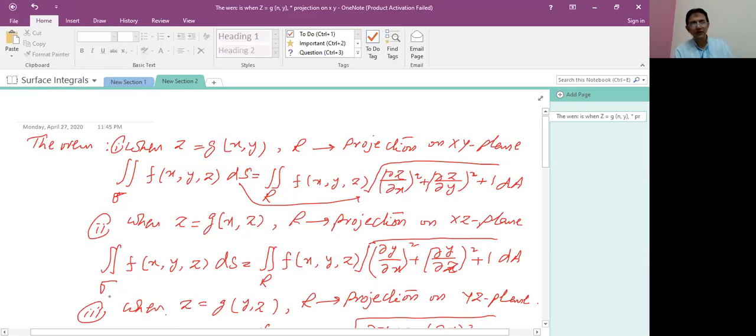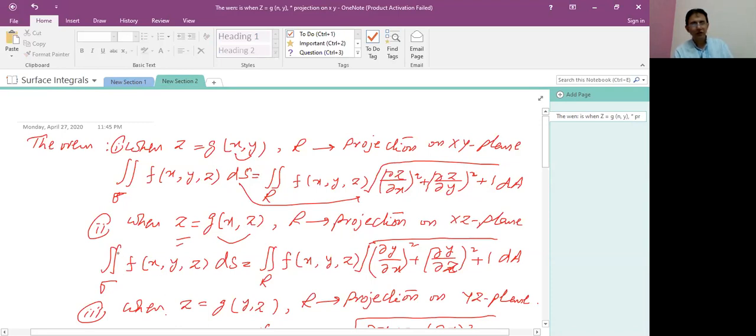Now the second condition, student: when z is the surface, we consider the xz plane, just as we considered the xy plane before, so R is the projection on the xz plane. According to this condition, we will consider the xz plane.